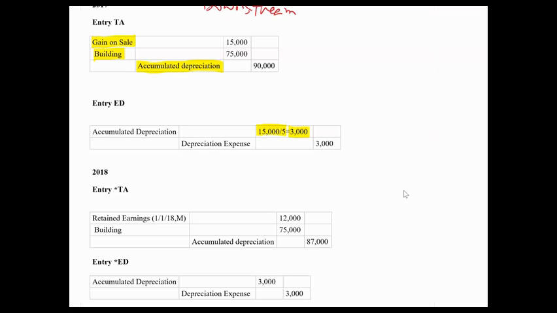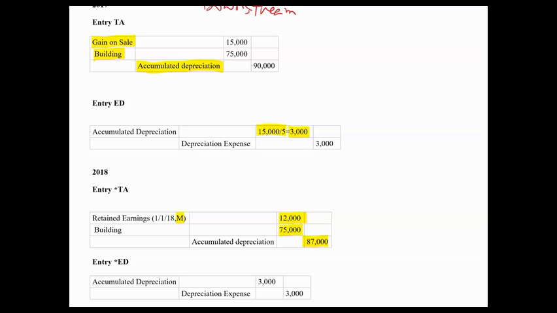So we debit 12,000 retained earnings, and this is the parent's retained earnings, because after 1 year of depreciation, the adjustment on the books will be 12,000 left. And still we are going to have the building amount: we debit building 75,000 to increase it back to 100,000. And then we can plug in this amount for the accumulated depreciation.